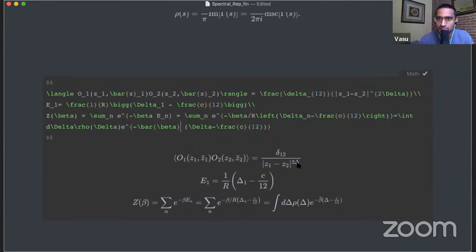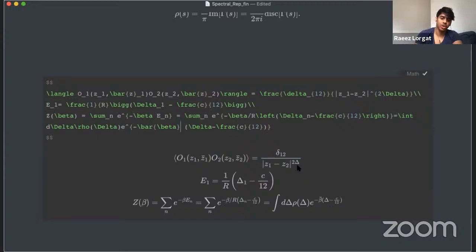So the spectral density determines the spectrum of these anomalous dimensions. We can express the actual energy levels in terms of these anomalous dimensions, but the true quantity in these CFTs is actually these anomalous dimensions. And that's the best way to organize a spectrum.